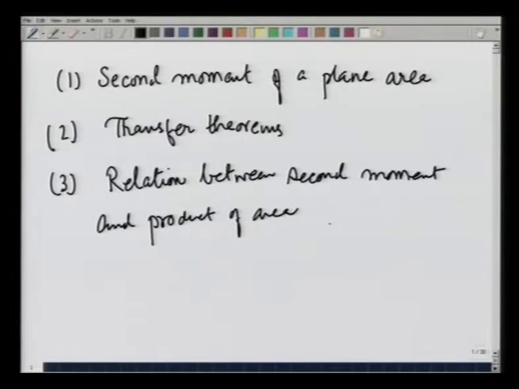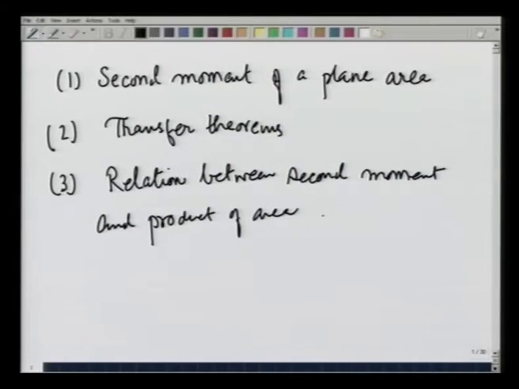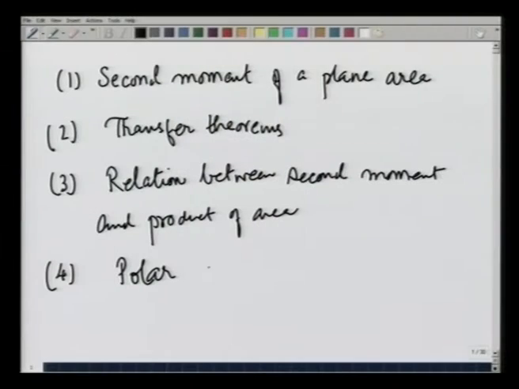In particular, we will be focusing on how second moments and products of area, which we will define later in the lecture, change when we go from one set of axes to another set which are rotated with respect to the other. And then we will be talking about polar moment of an area.